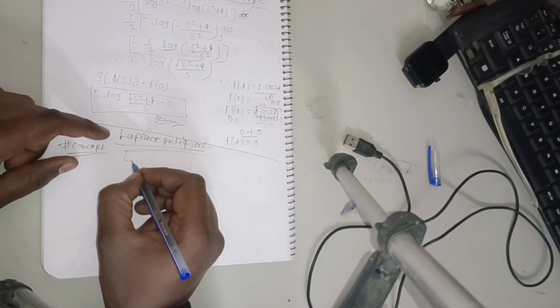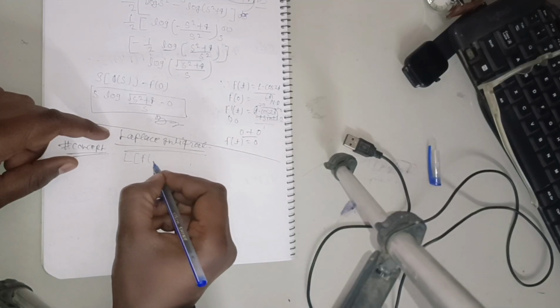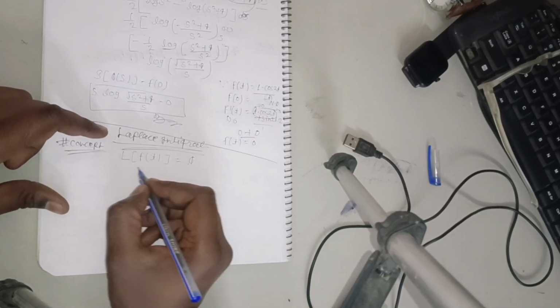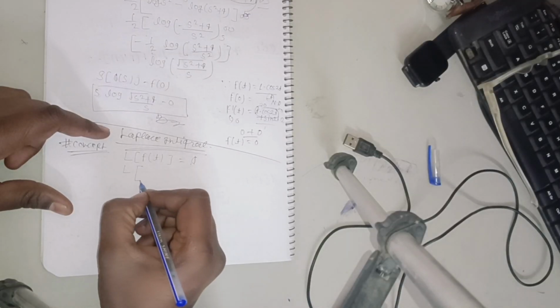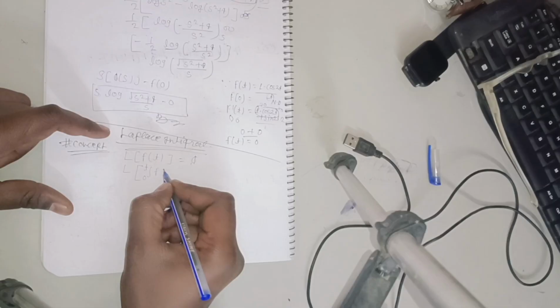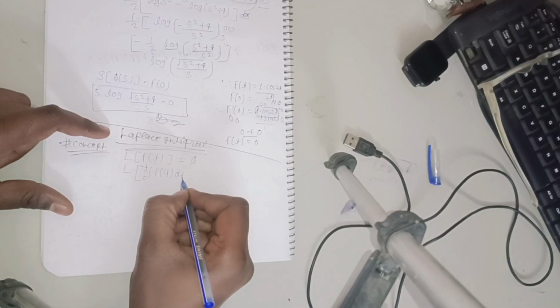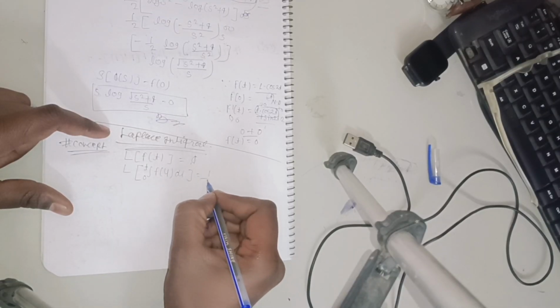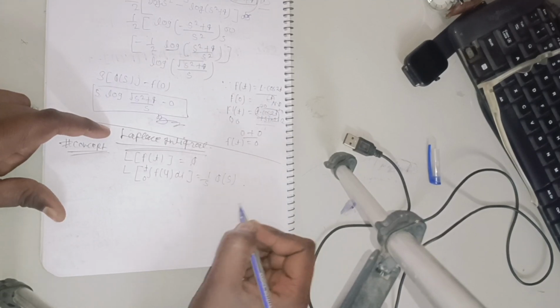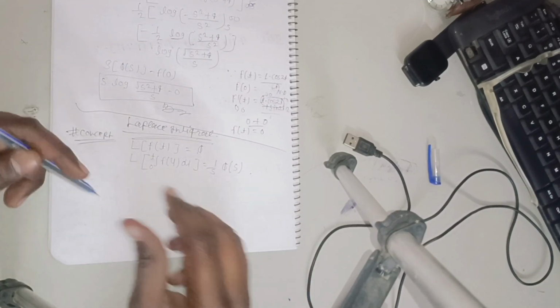Laplace of f of t is equal to phi, then Laplace of the integral from 0 to t of f of u du is equal to 1 upon s phi of s, right? Yeah.